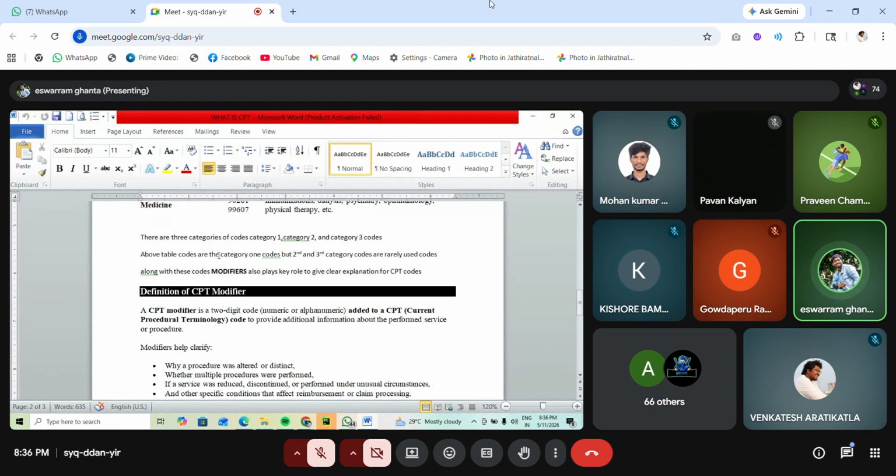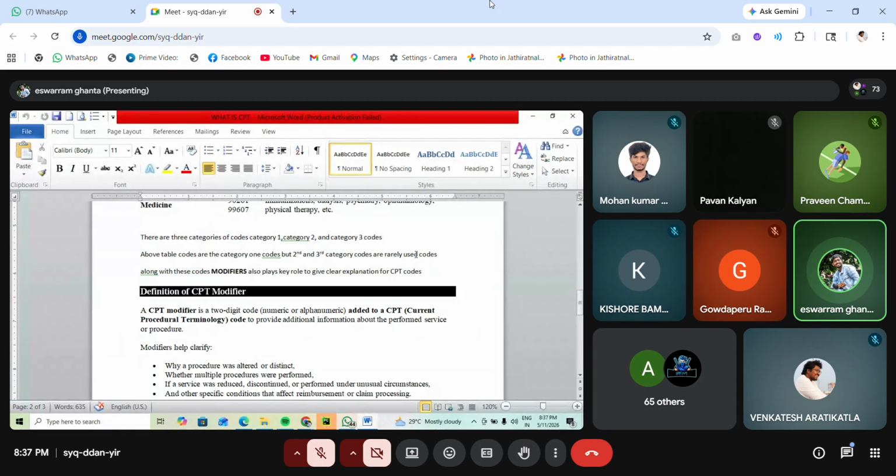The above table codes are the category 1 codes, but the second and third category codes are rarely used codes. Here I clearly mentioned in my PPT the above table codes; these codes I already told you before are the category 1 codes. Category 2 and category 3 codes are very rarely used.